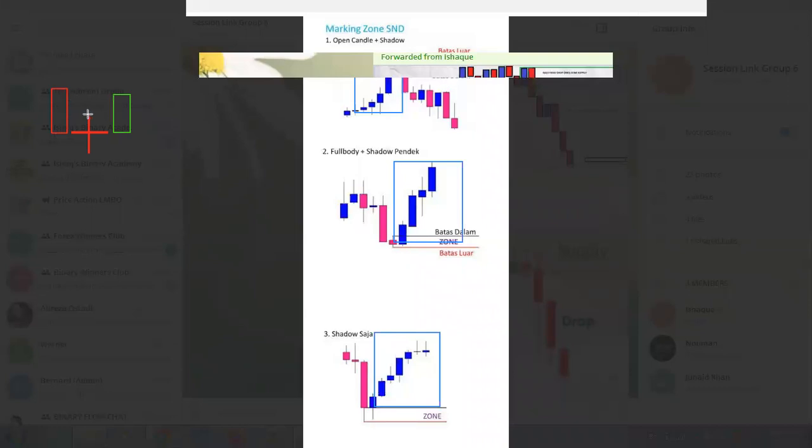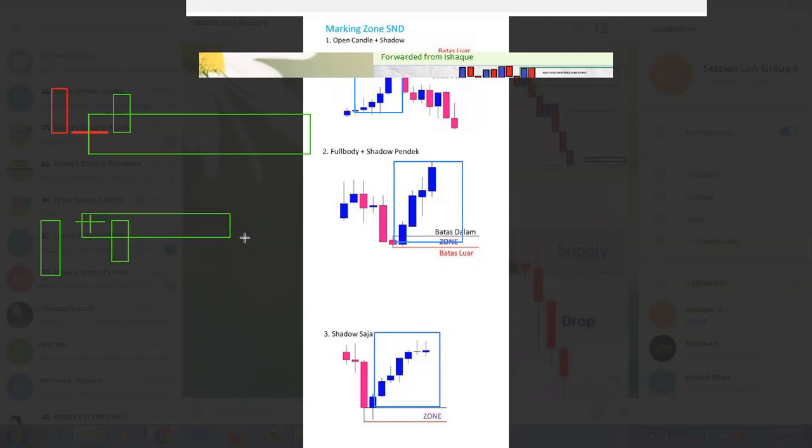The demand zone is here only. And if there is an evening star, the supply zone is here.